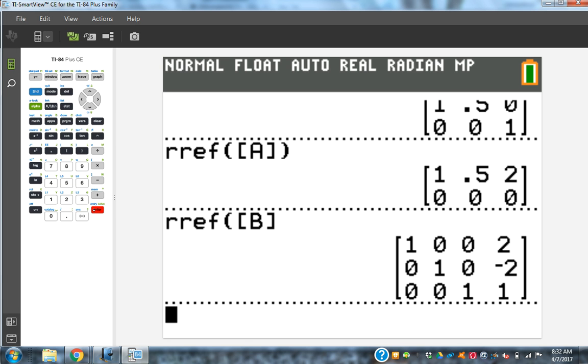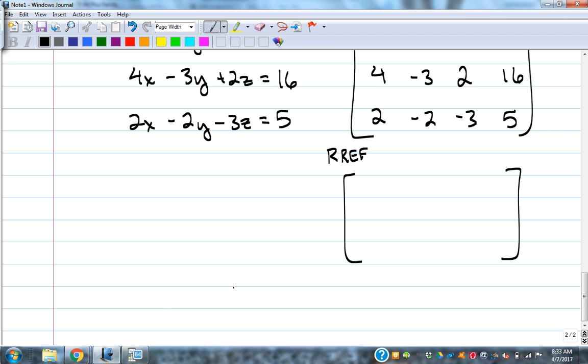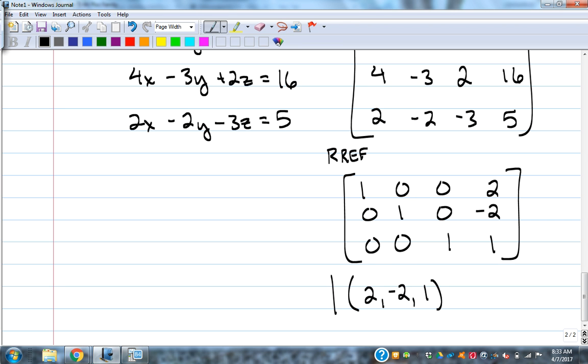This second column, y equals -2, z equals 1. You guys should have seen this before. It's not anything new. 2, 0, 1, 1, -2, 1, or 0, 0, 1, and then 1. So you get an ordered triple, 2, -2, 1.